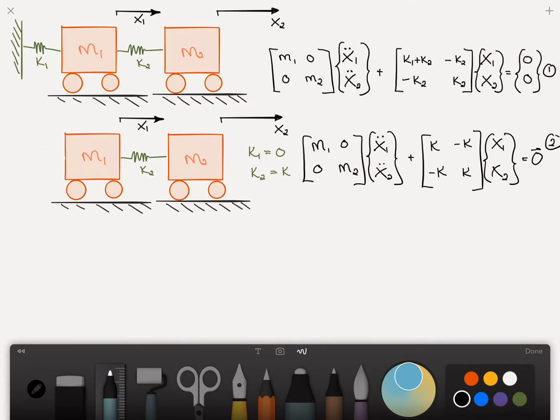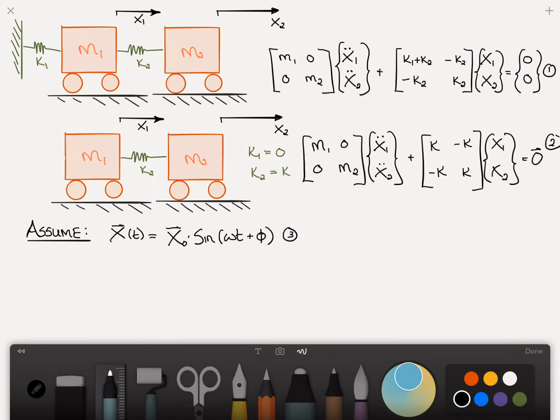Okay, and then we proceed as we usually do, where we assume a solution of the form. We know it's a simple harmonic motion, so we can say that x vector of t is equal to some vector that we'll call x naught, x initial, times sine of omega t plus phi, where we know from before that omega will be the natural frequencies.